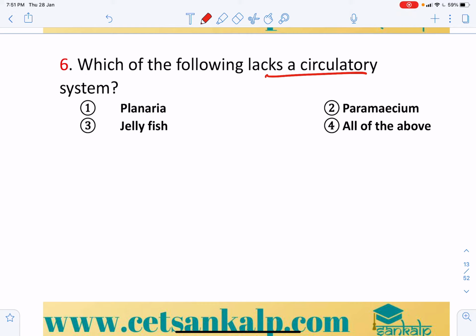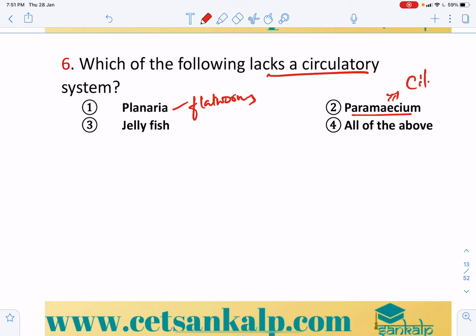Whereas in the case of lower organisms, if you consider planaria, which comes under the flatworms, and paramecium, which we know comes under the ciliates, that is protozoans. These are also invertebrates. And jellyfish, and the octopus, right?